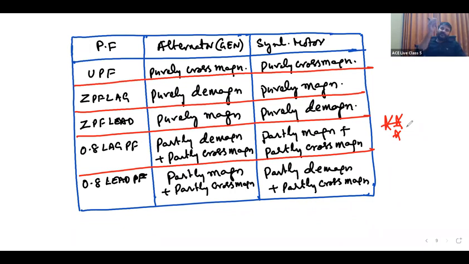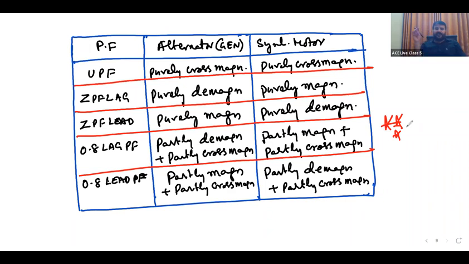So you know generator very well. For motor, just apply the opposite. Questions are very direct, straightforward questions. The only thing is you have to read the question in full.